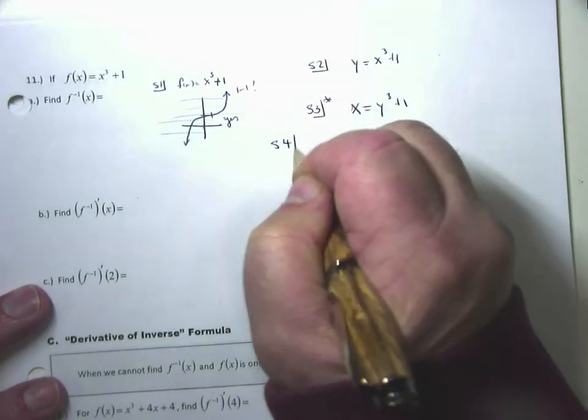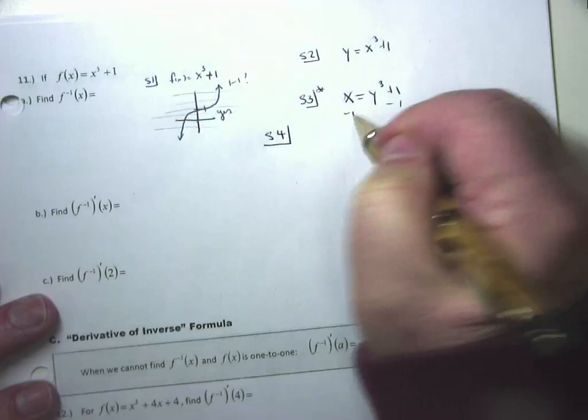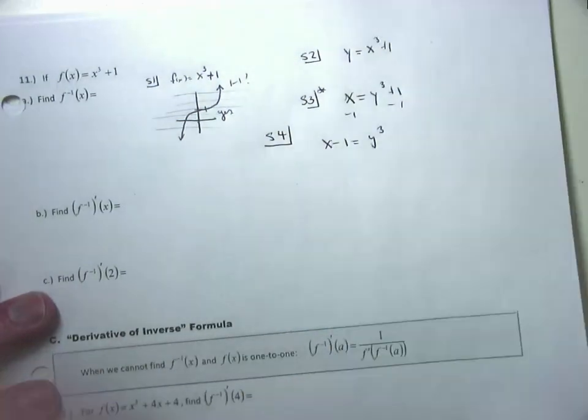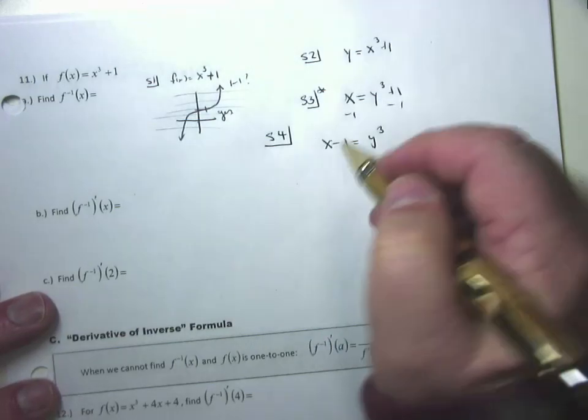Step number 4 is the workhorse. Solve for y. How would you solve for y when you got x equals y cubed plus 1? What's your first move? Subtract 1. Good. So I'm going to get x minus 1 equals y cubed. And then what's your next move to solve for y? What gets rid of a cube? So I'm going to take the cube root of both sides.